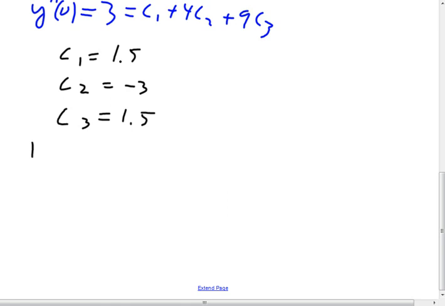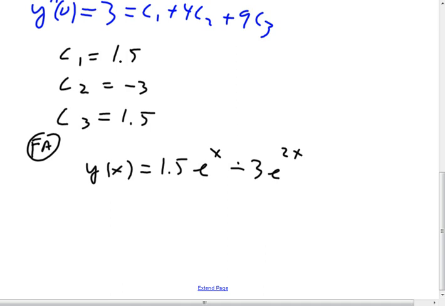So my final answer, y of x is 1.5 e to the x plus minus 3 e to the 2x plus 1.5 e to the 3x. And then I'd have to check my work to make sure it was right.